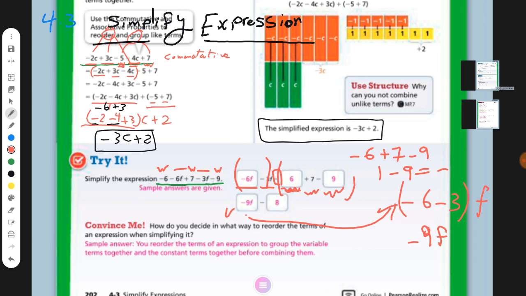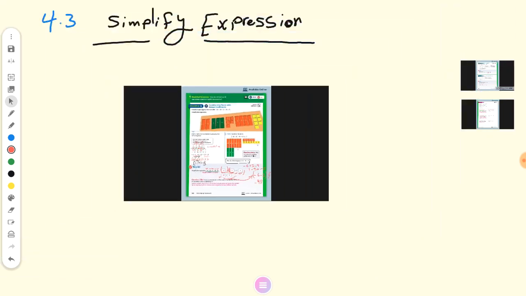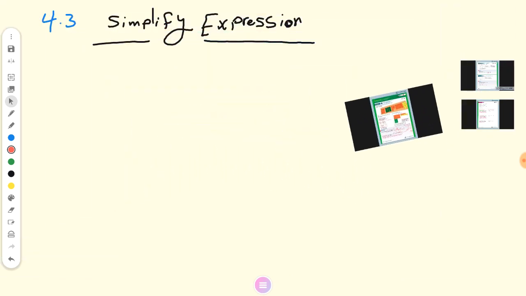So we solved the problem. Now what we did here is called simplify. Okay? This is if I have whole numbers. Sometimes you can find problems with fractions or decimal numbers. So let's take some examples on the other page.